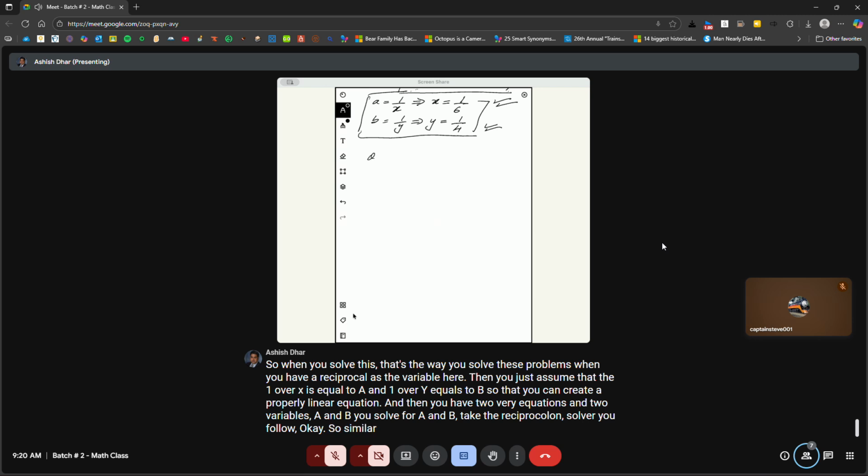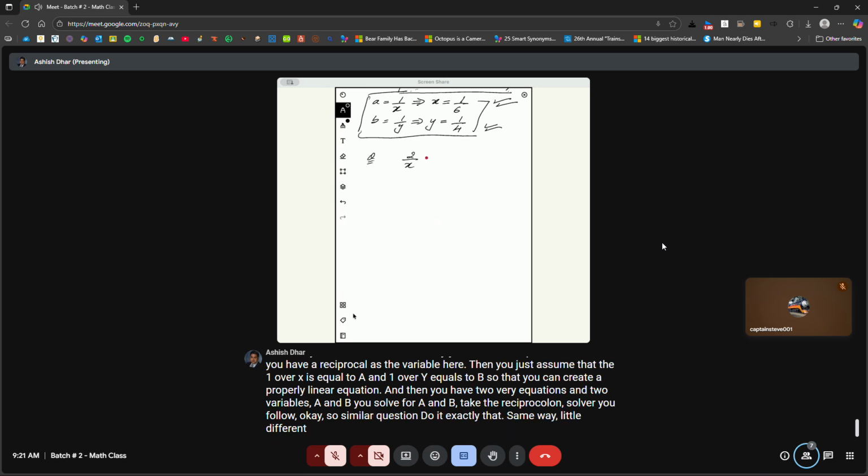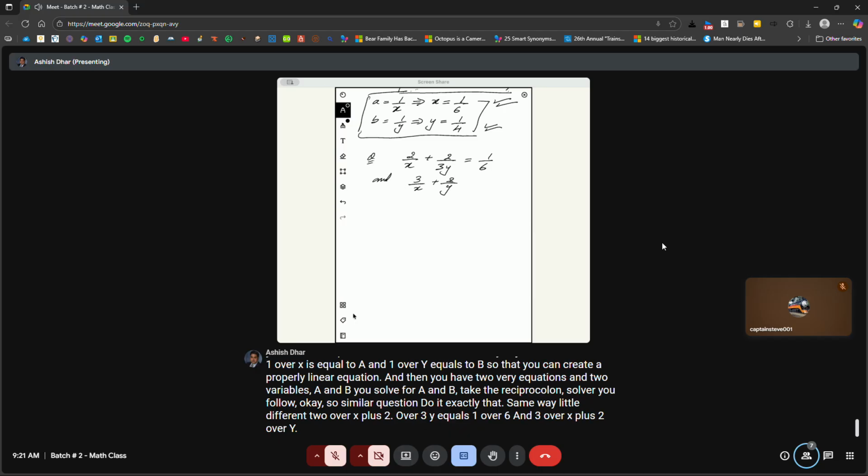Okay. So similar question, do it exactly that same way, little different. 2 over x plus 2 over 3y equals 1 over 6, and 3 over x plus 2 over y equals 0. So this is what you have to do.